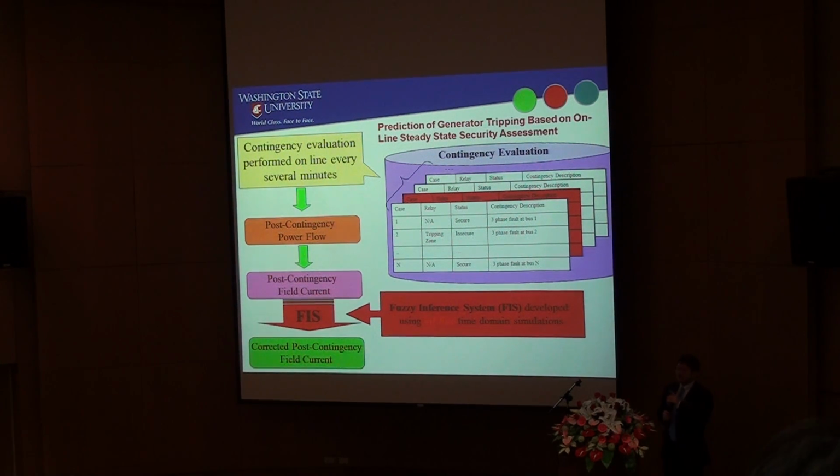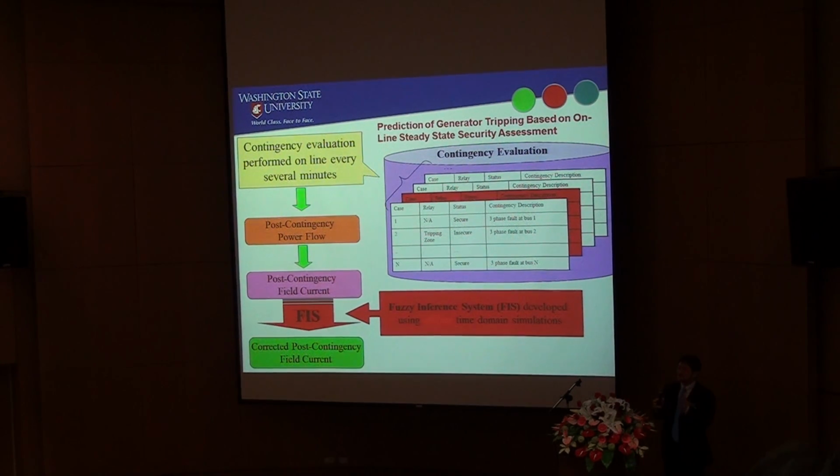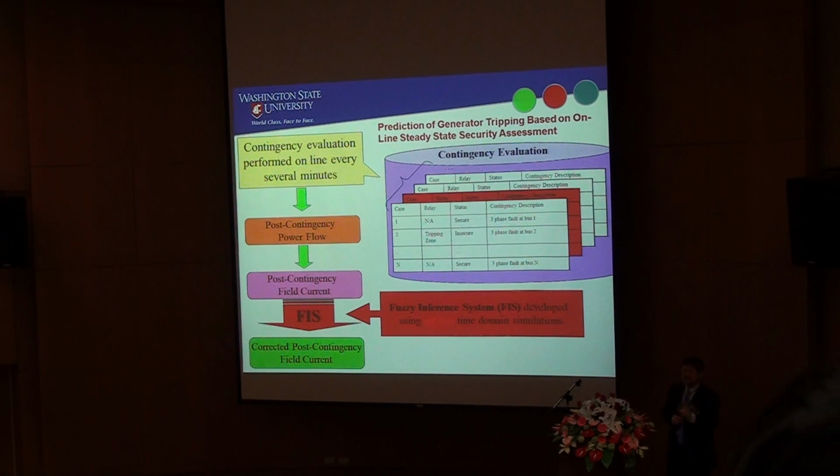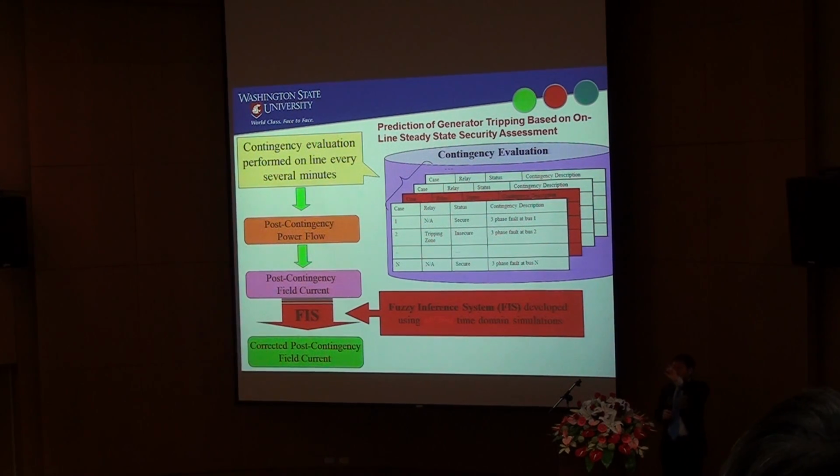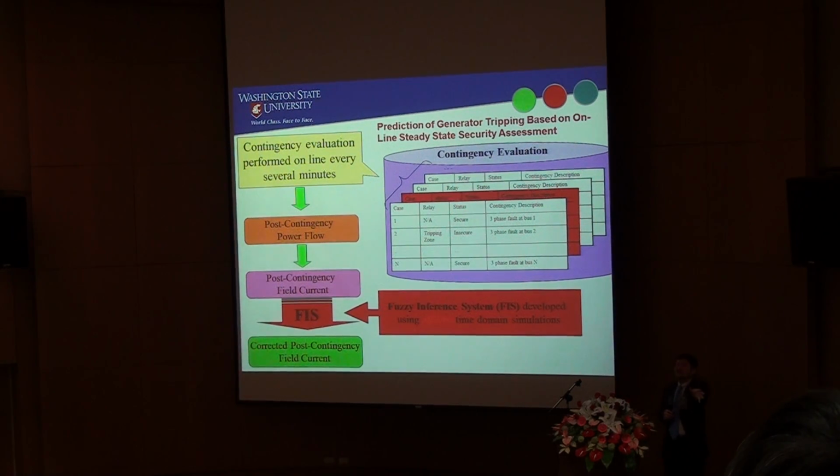And so if you're able to take that power flow result, then I know the generator power outputs at the generator bus. And I take that information from real-time computation of the contingencies. These are contingencies, not necessarily real measurements, right? Take that, work backwards into the power plants and calculate the field currents.